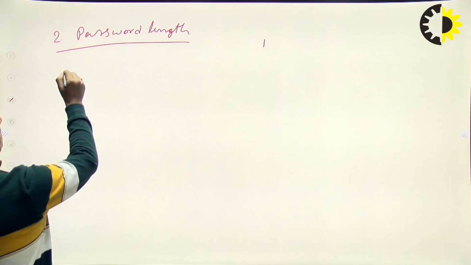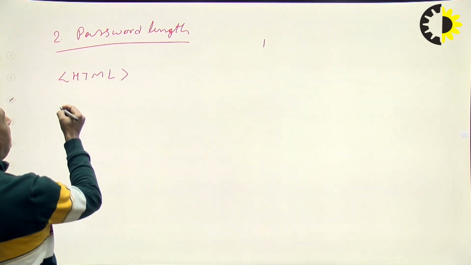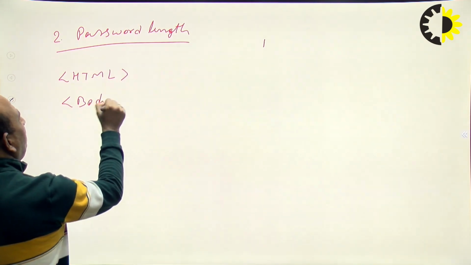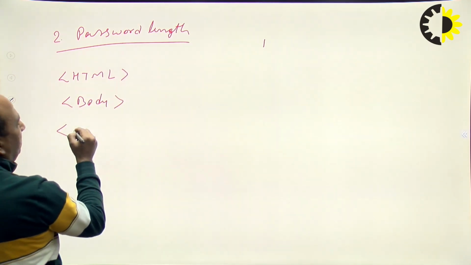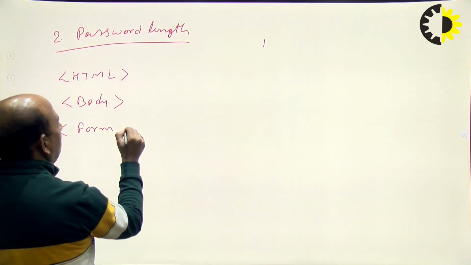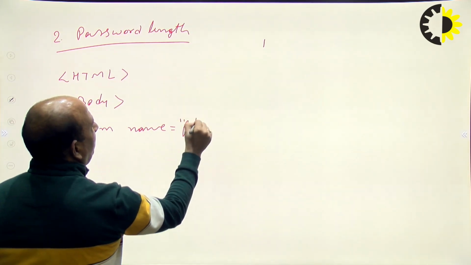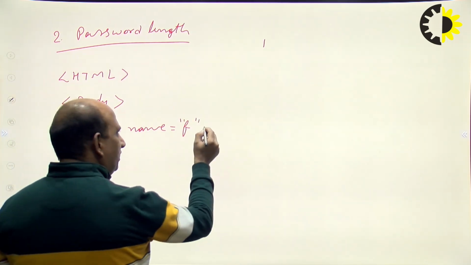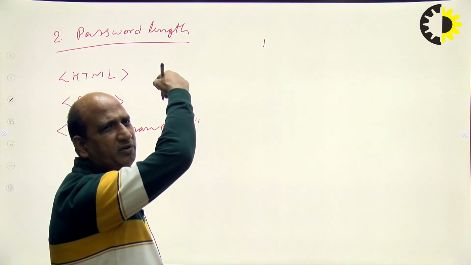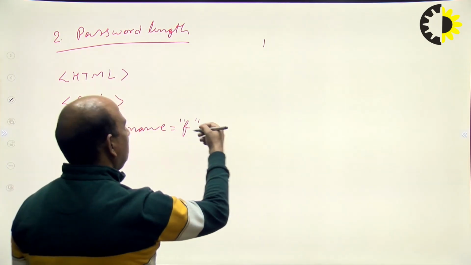So here I am creating an HTML page, HTML, then body, and within this body I am creating a form, and the name of this form is, let us say, the same name, f. I will call a function that we have already created in the previous example. The same function name will be created over here later on.